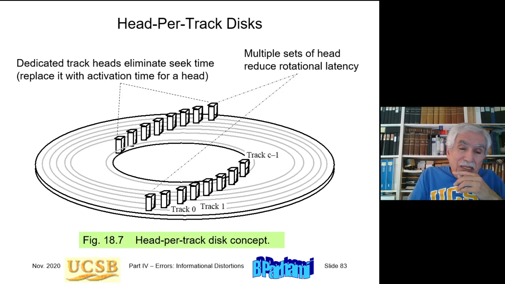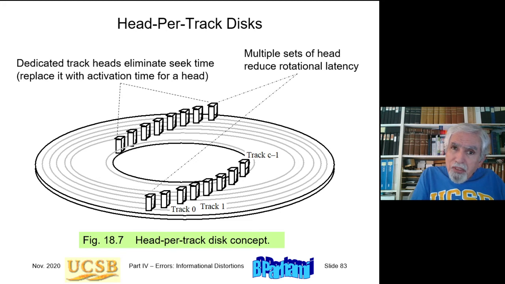The idea is to use many small, inexpensive disks to provide high capacity, and also use redundancy to provide high reliability. So these specialized disks basically vanished. We no longer build them.